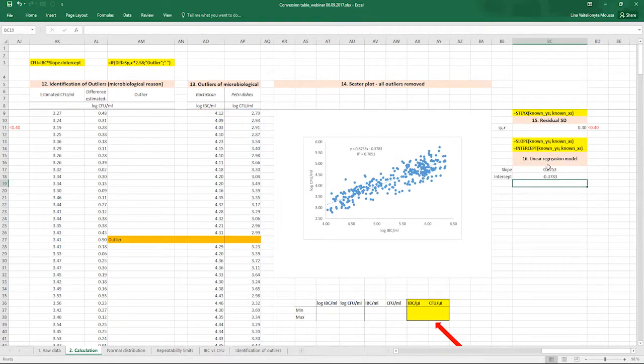So now we have slope, intercept, we have very nice linear regression, and R squared is more than 0.7, so it's 0.7851.